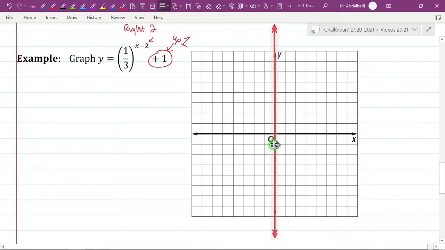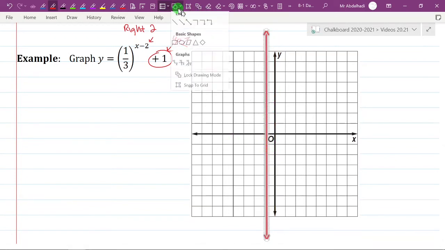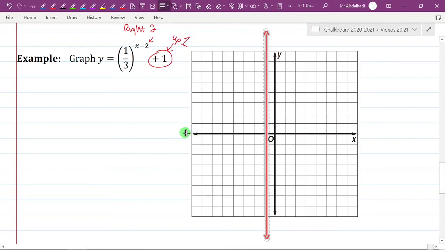Okay, so obviously when we're talking about moving up and down, we're talking about the x-axis, not the y-axis. Right? So this is the axis that we want to move up and down, which is this one here. And we're going to move it up 1. So we're going to move that up 1, and that's our new x-axis.